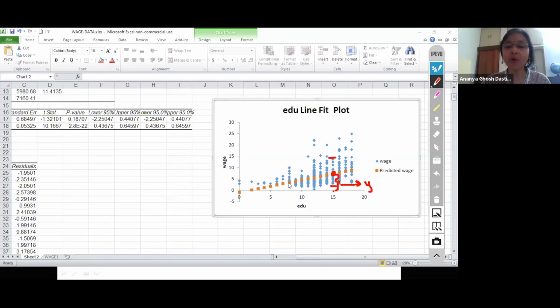All these points are representing y hat. You take any x, let's say 10, this is going to be y hat. You take x equal to 15, this is going to be y hat. So y hat is what your model is giving you.